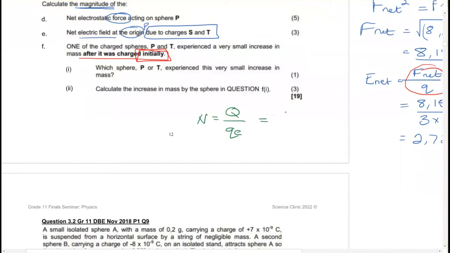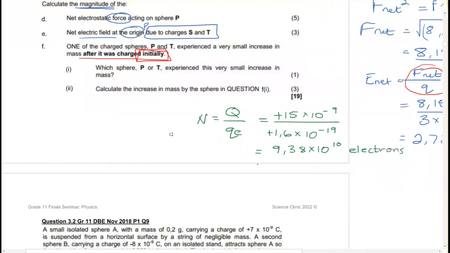So the charge gained was minus 15 times 10 to the minus 9, and the charge on an electron is minus 1.6 times 10 to the minus 19. Now you can either make these two negative or you can make these two positive. It doesn't matter as long as your answer here is positive because they are a number of electrons. So that gives you 9.38 times 10 to the 10 electrons. That's how many electrons it gained.